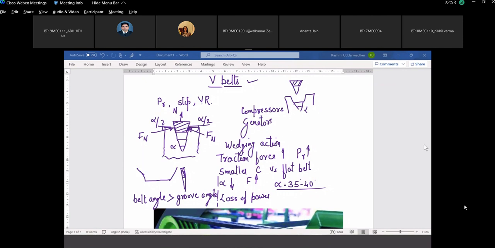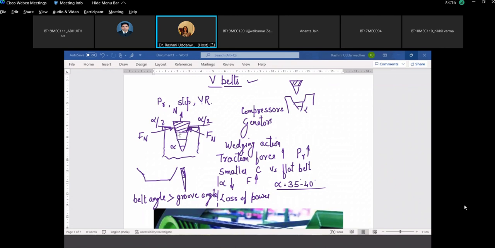Inside, the force will fix the belt; the belt needs to be fitted inside. If the belt angle is less than the groove angle, this entire belt will go and touch the bottom of the groove. And to maintain the clearance, we want this belt angle to be slightly greater than the groove angle. And only this would ensure there is a clearance.